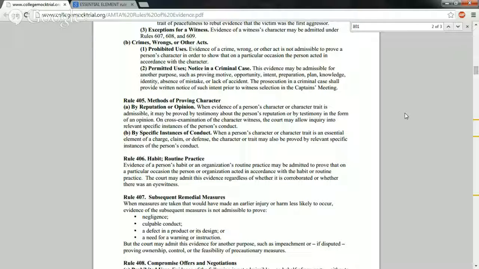The method of proving character evidence here is improper because this is a specific instance of conduct opposing counsel is delving into, and specific instances of conduct can only be used to illustrate character evidence if the trait of character being discussed is an essential element of the charge. And in this case, the trait of violence isn't an essential element of the charge of negligent parental supervision or even intentional shooting, because there are two different charges in the Park v. Duran case. That would be my argument.